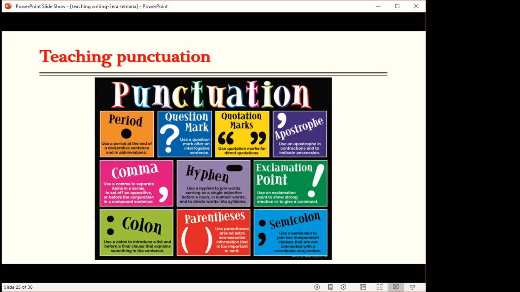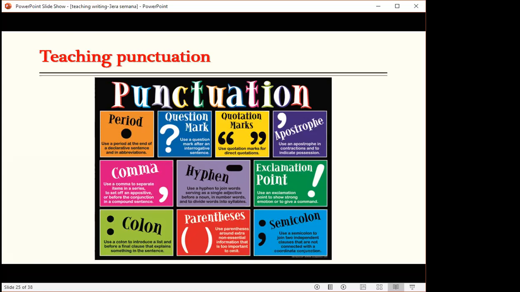Apostrophe: use an apostrophe in contractions and to indicate possession. Comma: use a comma to separate items in a series, to set off an appositive, or before the conjunction in a compound sentence. Hyphen: use a hyphen to join words serving as a single adjective before a noun, in numbered words, and to divide words into syllables.